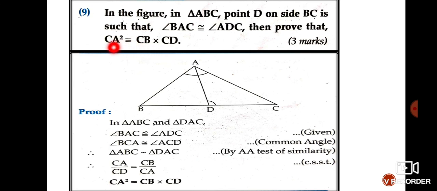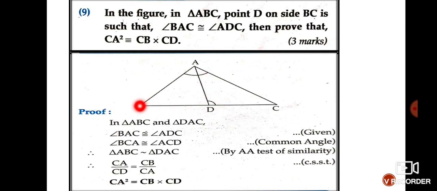Again, whenever you have this type of sums, always remember you need to prove the triangles similar. Write all the three proportional sides. Select which two you want. Cross multiply and you will get the answer. So here you have triangle ABC and triangle ADC. Now, in this you already know that angle A is congruent to angle D, that is given.